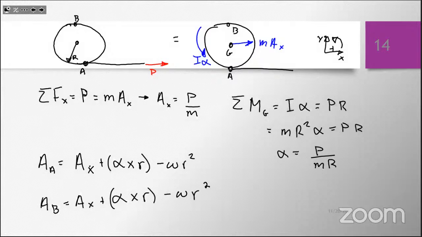Well, how can you have an acceleration if the initial speed is 0? Remember, this is instantaneously, at this moment. At this moment in time, maybe it was moving the other way, and we started applying acceleration in the opposite direction, and so we've just switched the direction of our angular velocity, right? That's how we come up with that. Okay.